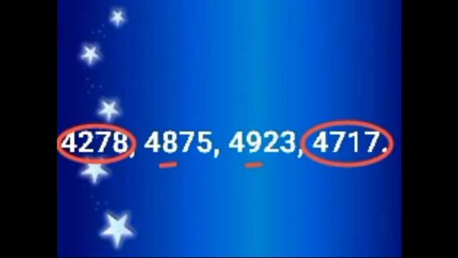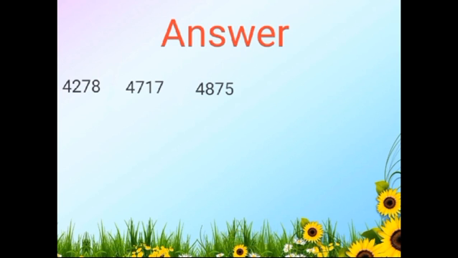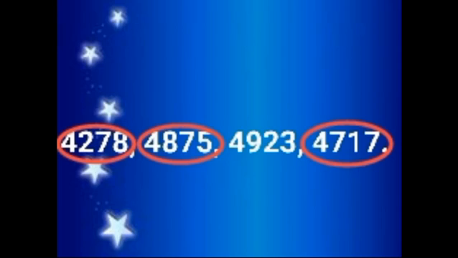Next, compare the remaining 2 numbers. Which is the smaller number in the hundreds place? Yes, very good. 8. So, the third number is 4875.